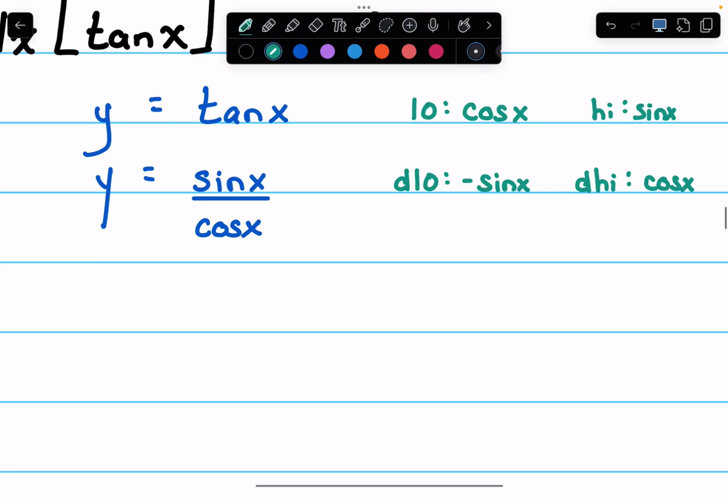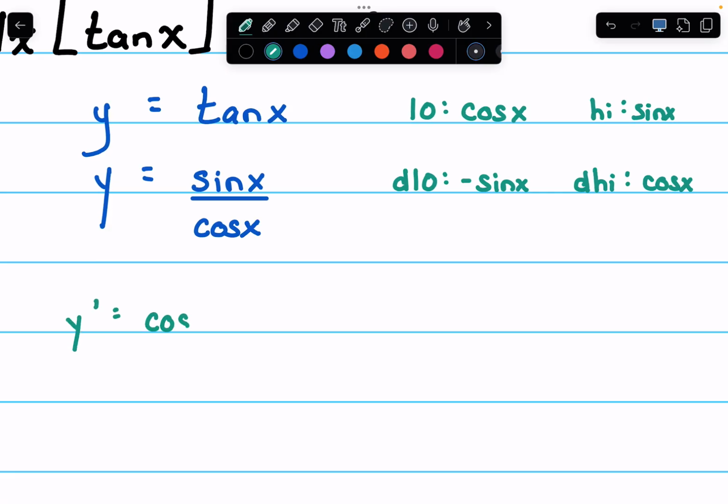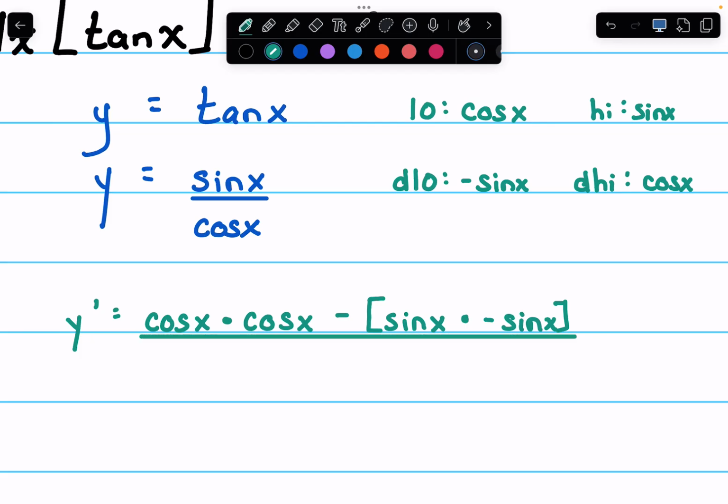So then you'll take that derivative, so you'll do low times the derivative of high, minus high times the derivative of low, all over low squared, so cosine squared. Let me write it like this first.